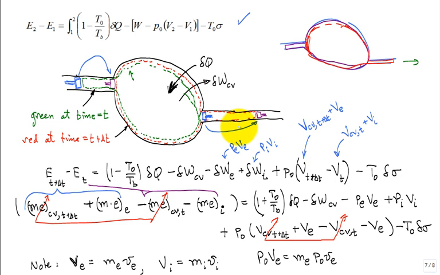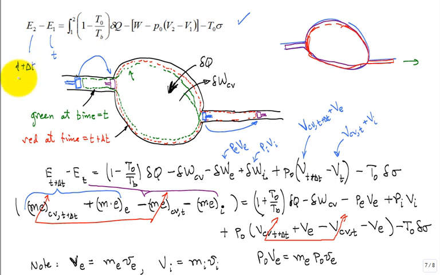Because they're doing steady state, for the same amount of time, the mass that flows in is equal to the mass that flows out. Otherwise, you'd have mass accumulation or depletion in the control volume. That's a lot of prep work. But now we say that initial state 1 is at time t, and the final state is at t plus delta t.